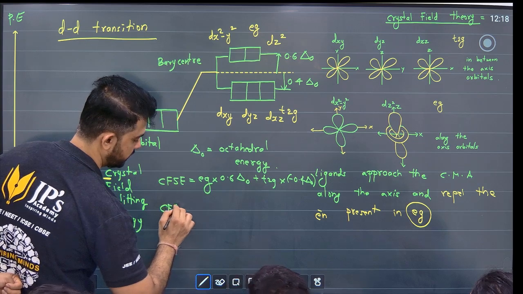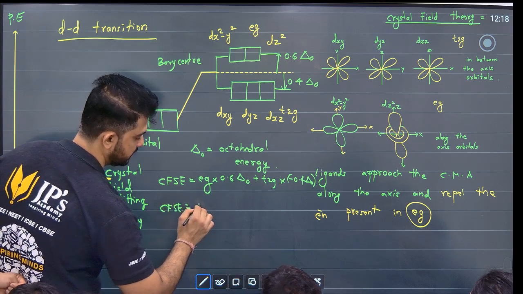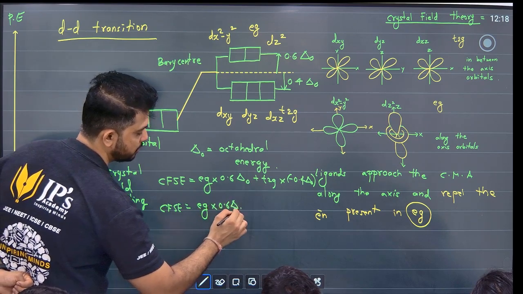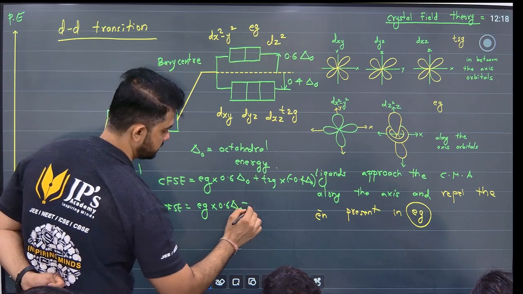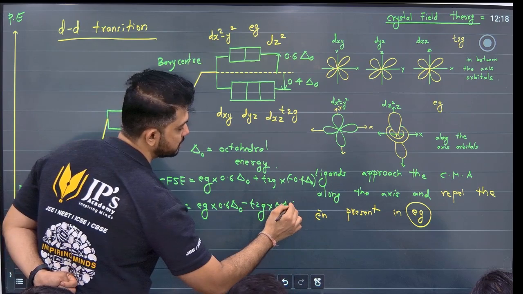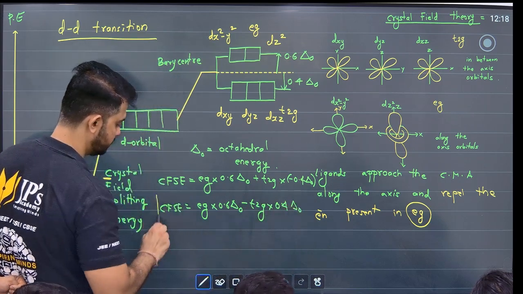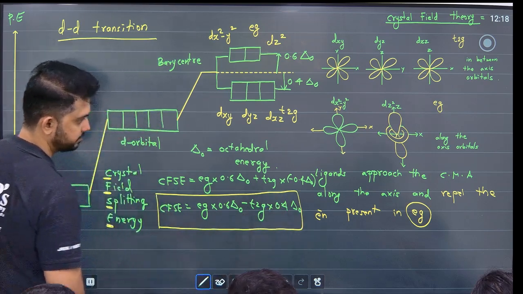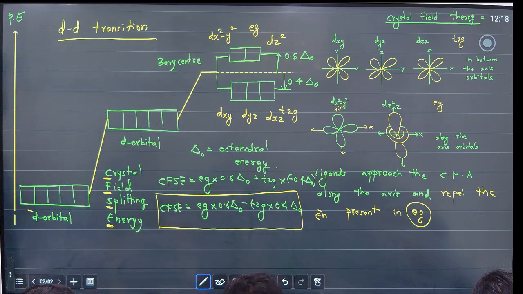The formula becomes CFSE is number of electrons in EG into 0.6 delta naught minus number of electrons in T2G into 0.4 delta naught. With me till here?